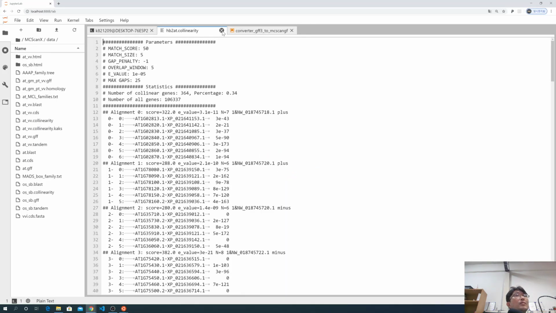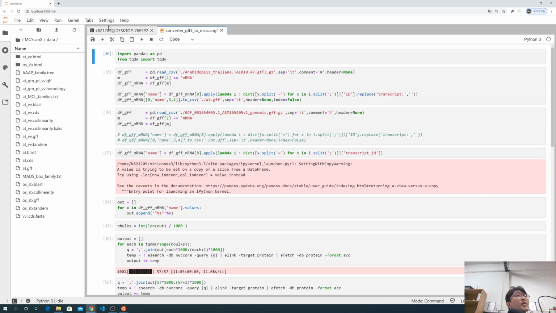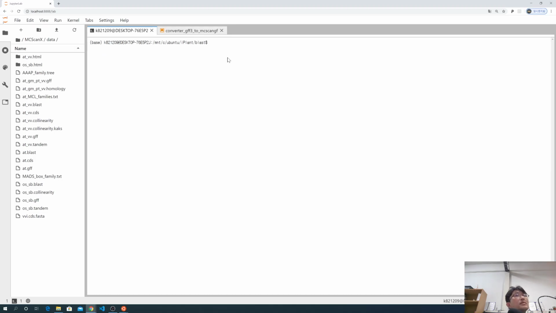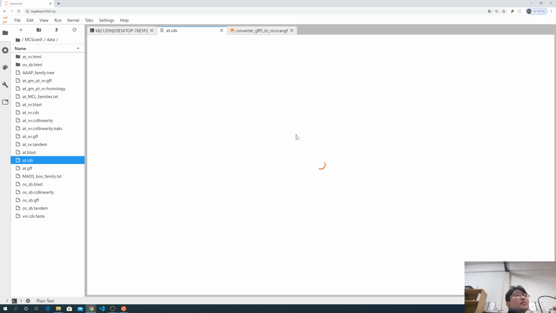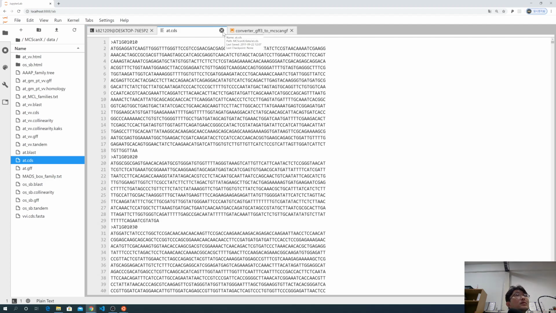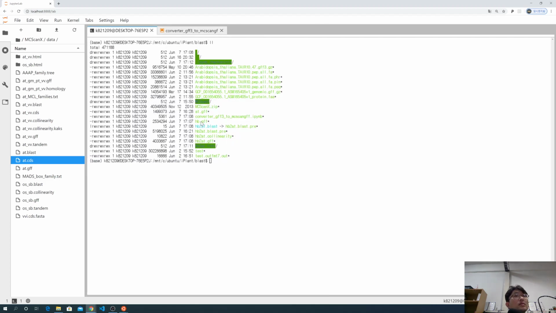So what we have done is having just collinearity. But we will add the CDS there. We already have CDS for the Arabidopsis, right?